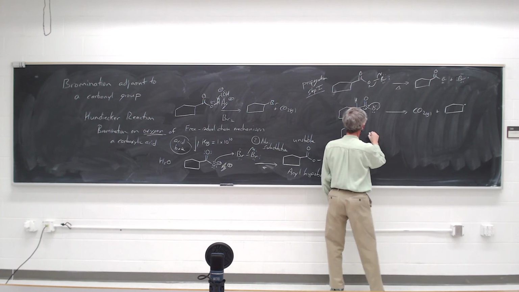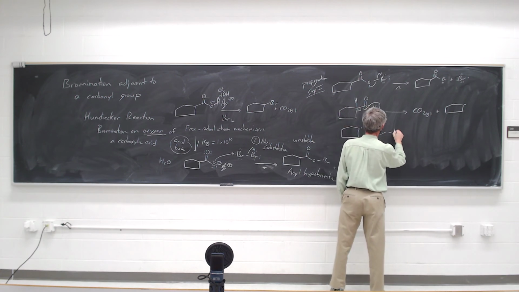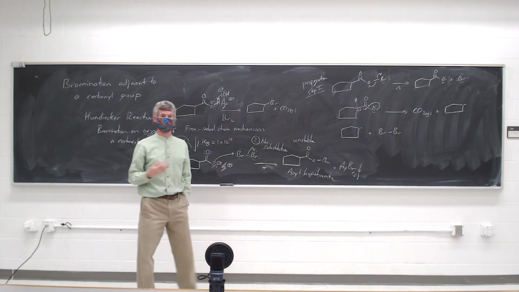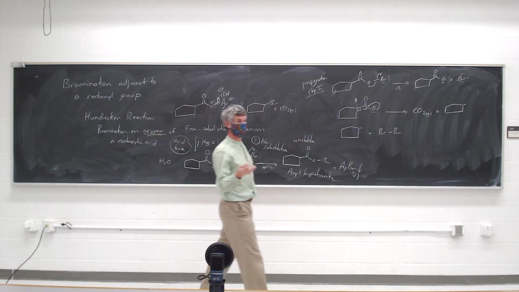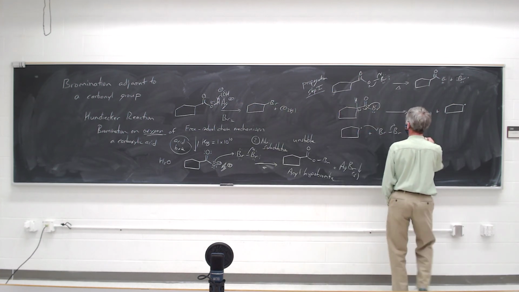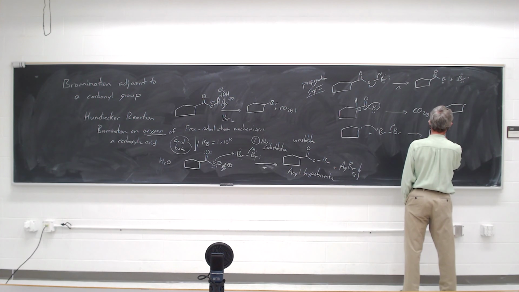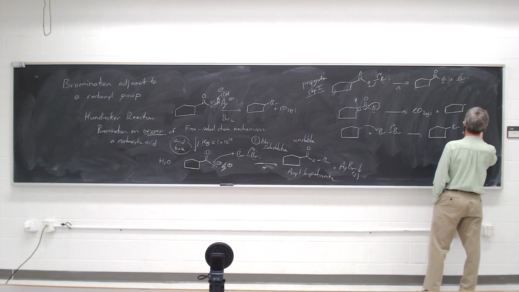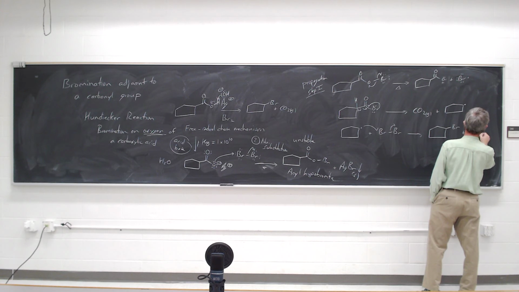And you're used to that reaction. That's the same reaction that we do when we do free radical bromination under ordinary conditions. Form the alkyl bromide, and generate another bromine.